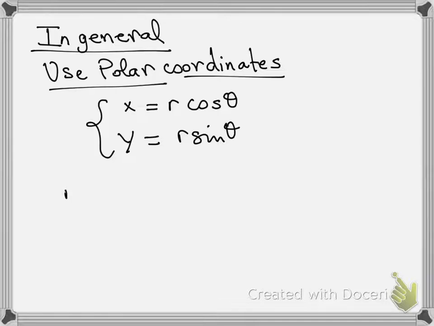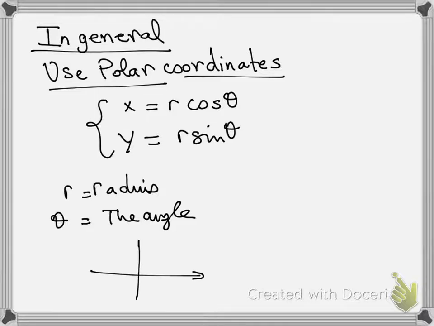So r is like a radius, and theta is the angle. What I'm saying is, here I have variables x, y. Instead of using x, y, you can use the variables r, theta, where r is the radius and theta is the angle.